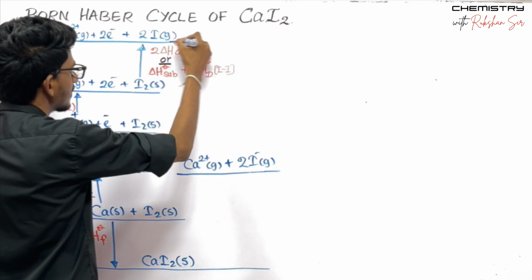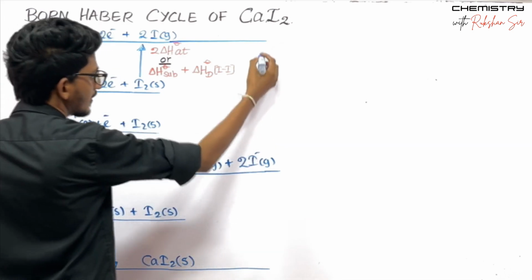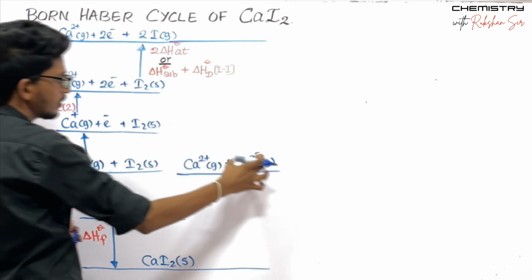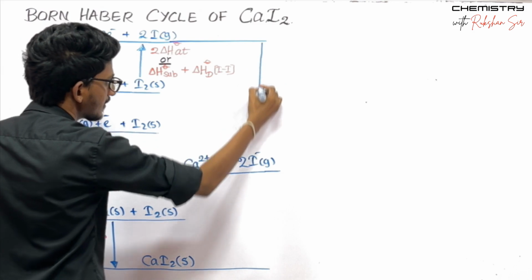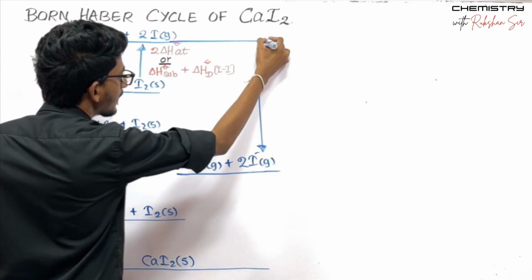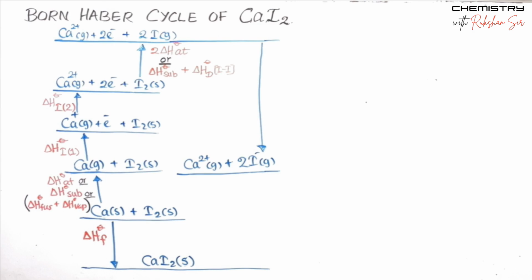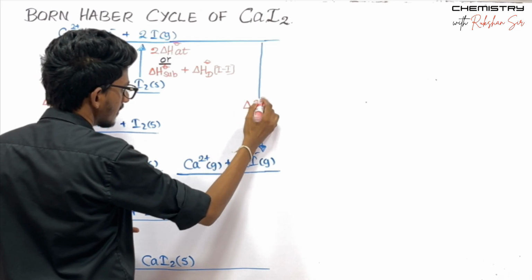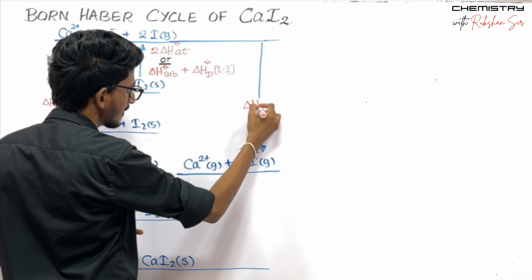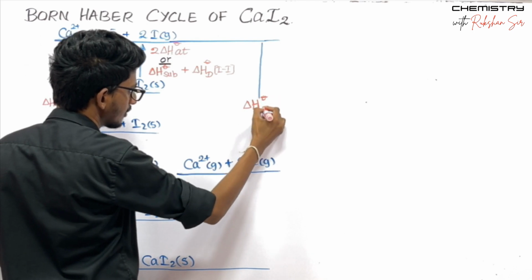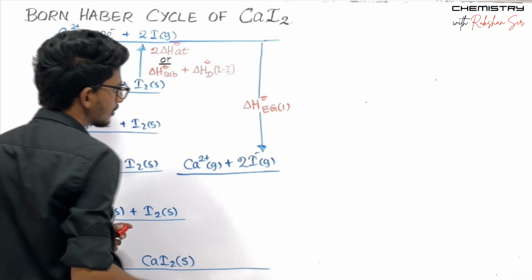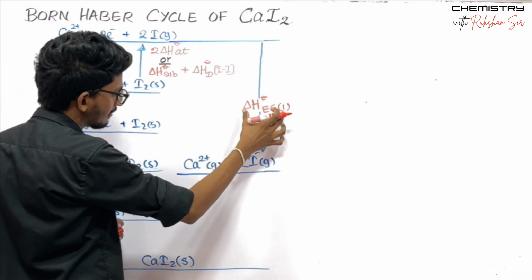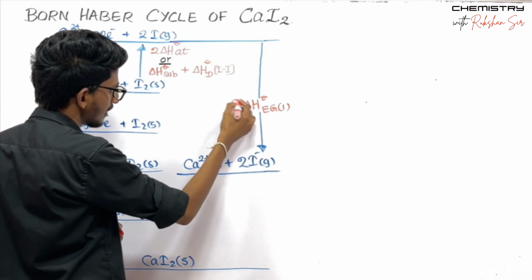Now you can convert these two iodine gases and two electrons to two of I minus gases. That can be done with the use of electron gain. It is forming the first minus ion, so it is the electron gain 1, and as we need to form two of I minus gases, we need to provide this electron gain 1 energy twice.